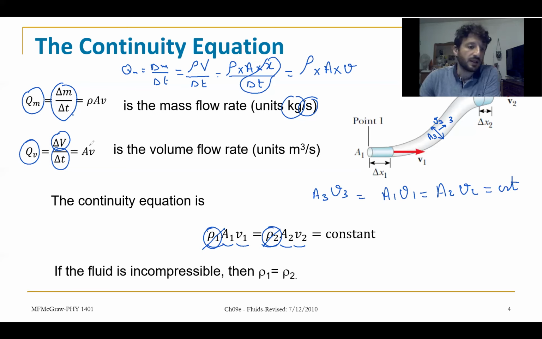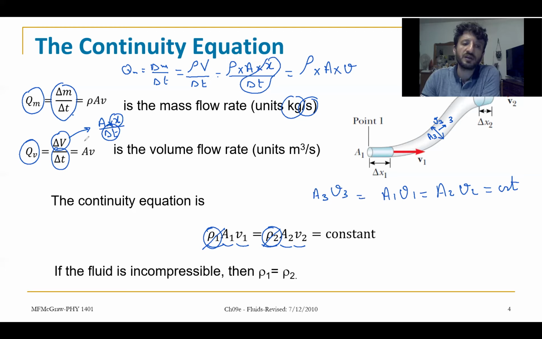Okay, and you know QV equals delta V divided by delta t, and delta V equals A times x, divided by delta t, and x divided by delta t is the velocity.